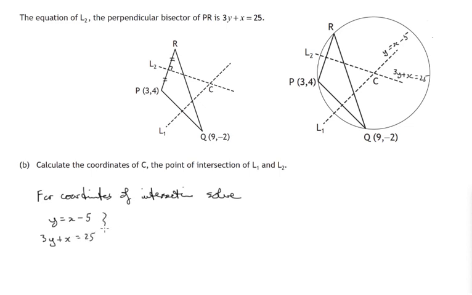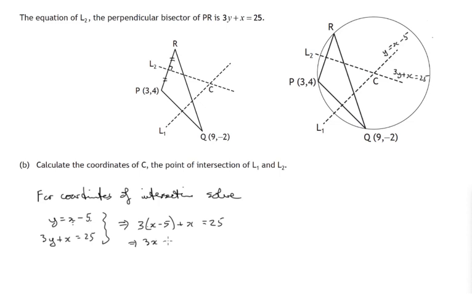Now, because we know y equals x minus 5 must be true, and we also know 3y plus x equals 25 must be true, we can replace y in this second equation by the x minus 5 of the first equation. And that allows us to find the value of x.